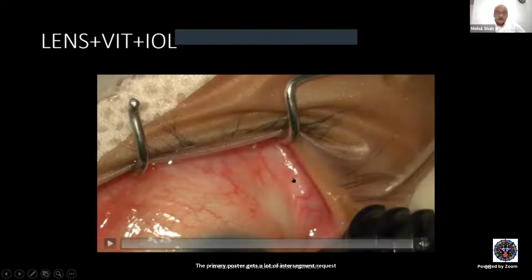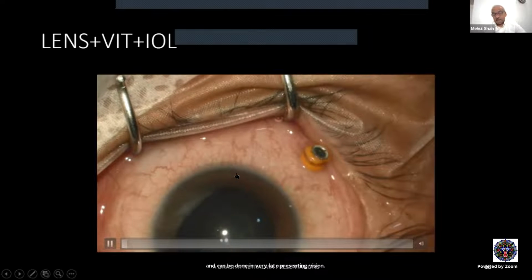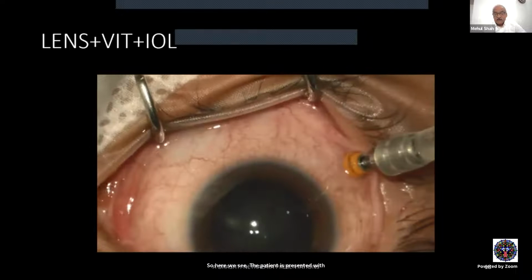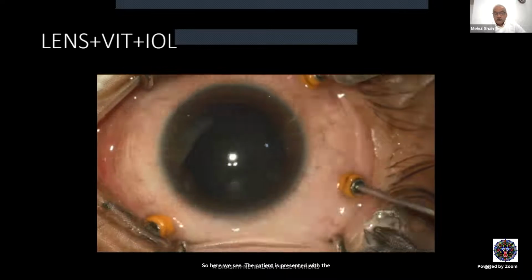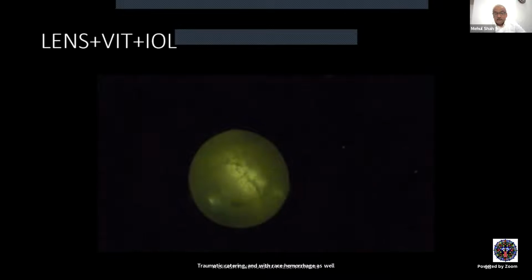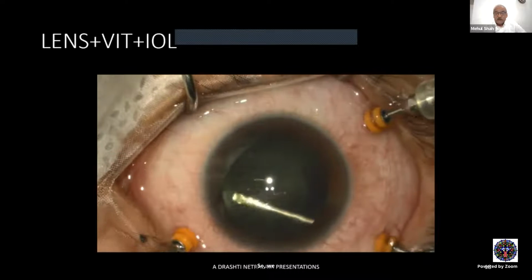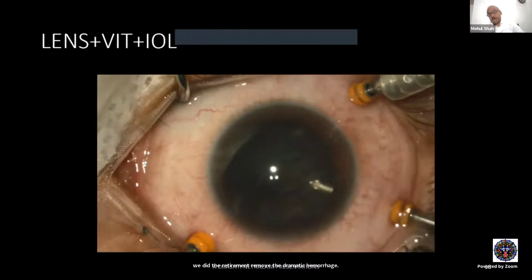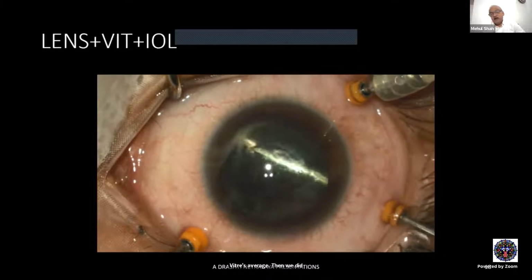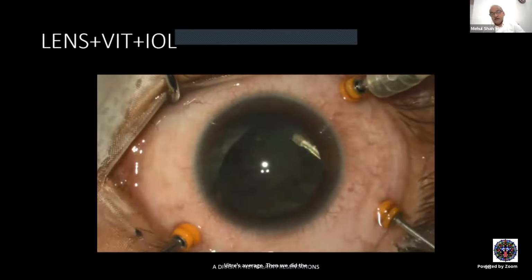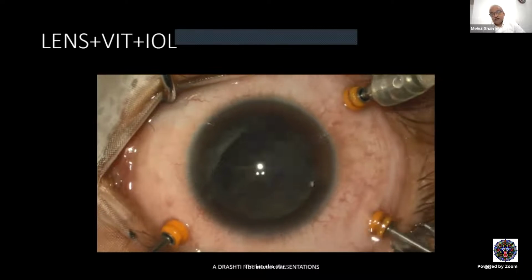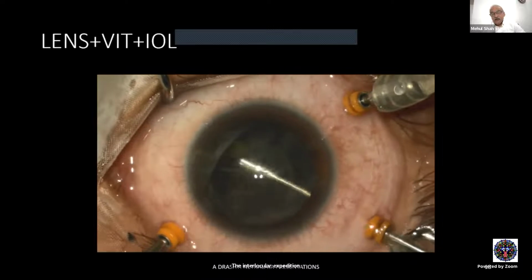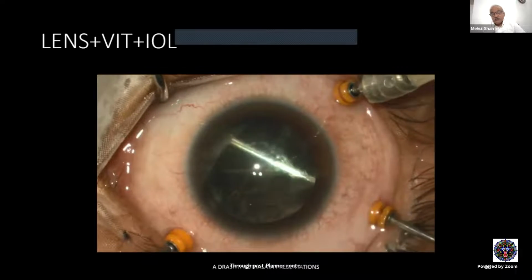Here we see a patient presented with traumatic cataract and vitreous hemorrhage as well. We did the vitrectomy and removed the vitreous hemorrhage. Then we did the intralenticular aspiration through the pars plana route and removed the posterior capsule.